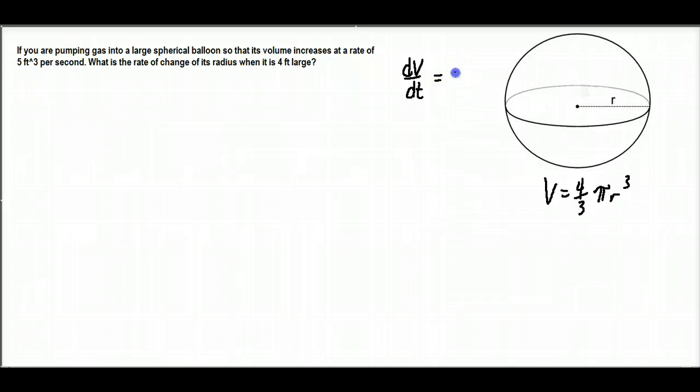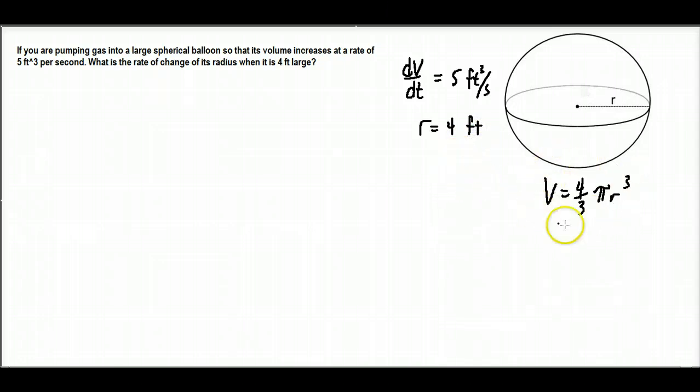And so they're saying that that's 5 cubic feet per second. We also want to know what is the rate of change of the radius when it is 4 feet large. So here we know our radius is going to be 4 feet.